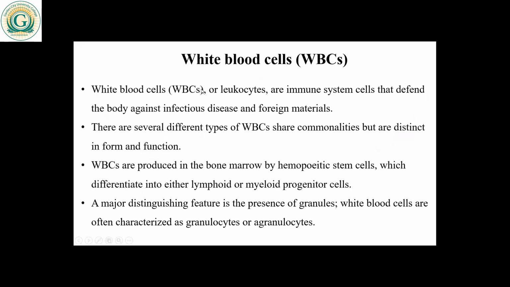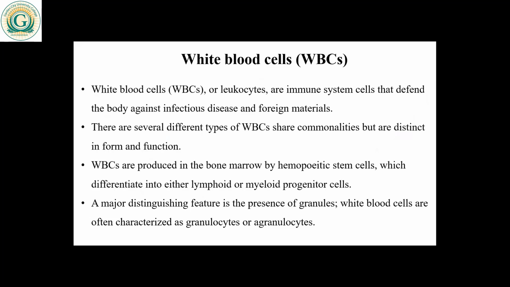White blood cells are also known as leukocytes. These leukocytes are found in the immune system, so they are immune cells. They help defend the body against infections, foreign materials, pathogens, anything that the body recognizes as foreign.